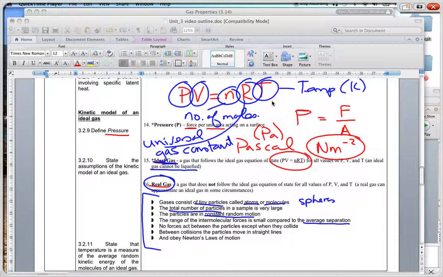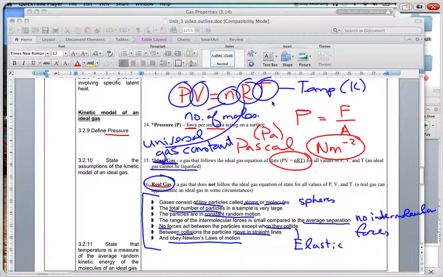In fact, we assume that there are no intermolecular forces. The only forces are when they actually bump into each other. So no forces act between the particles except when they collide. And between collisions, the particles move in straight lines. These collisions, we say these are elastic collisions. In other words, they don't lose any kinetic energy, and they obey Newton's laws of motion.